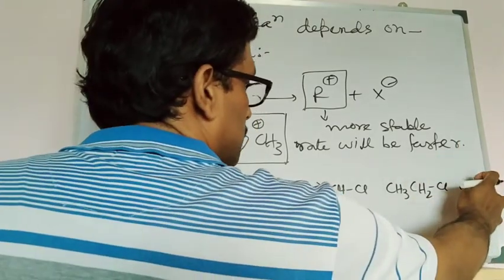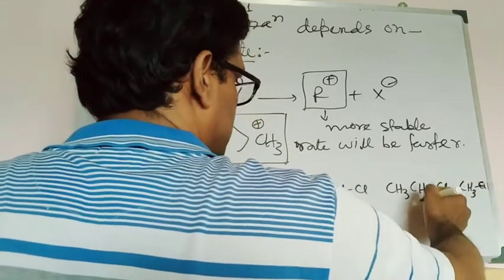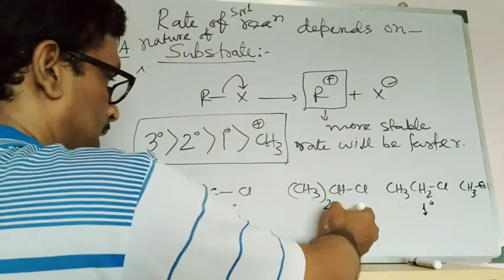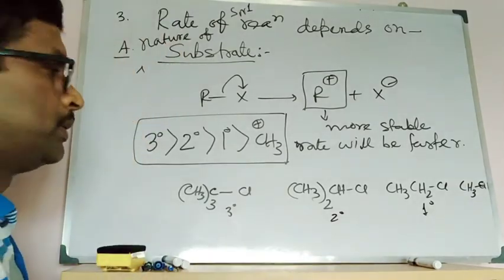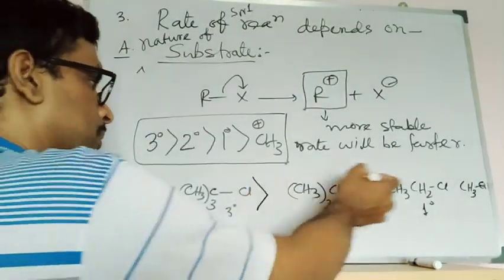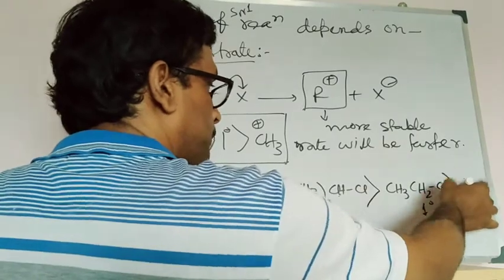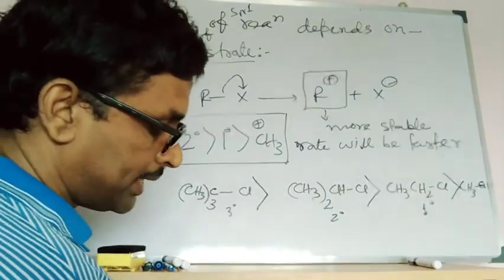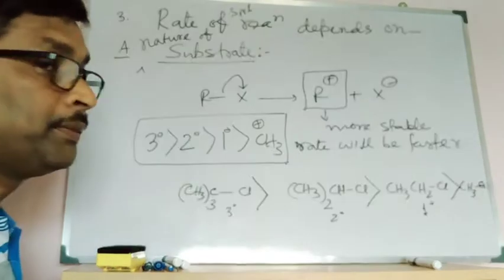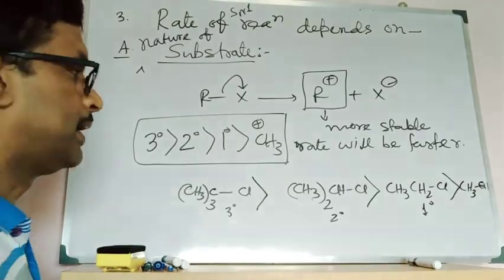Clearly, this one gives the methyl cation, this is 1 degree, and this one is 2 degree. The 2 degree substrate gives the corresponding 2 degree cation. So clearly this will give the faster rate reaction. In this way, the substrate which can give the stable carbocation gives the faster rate reaction.